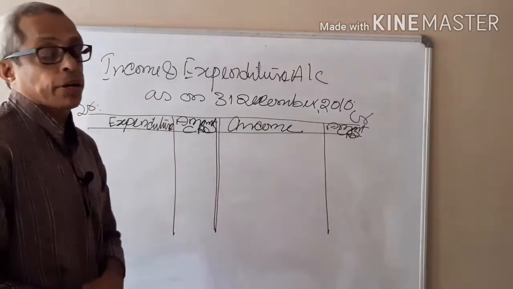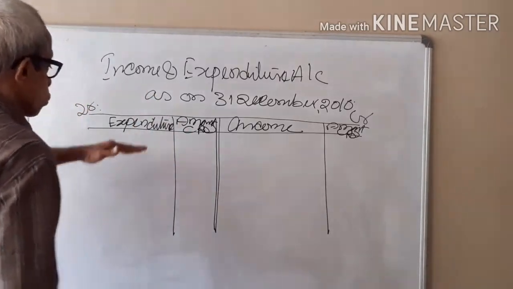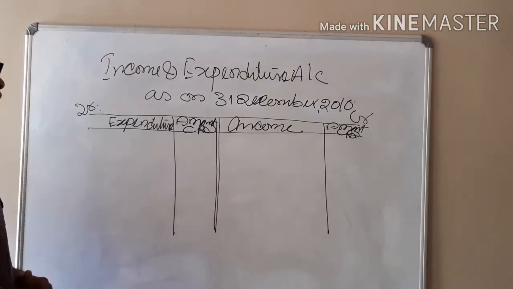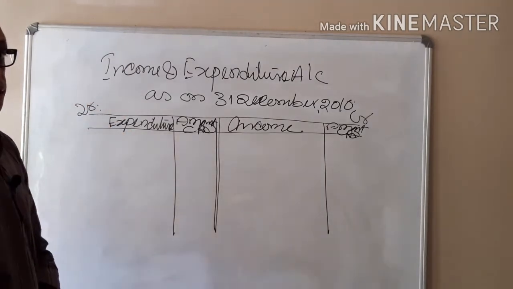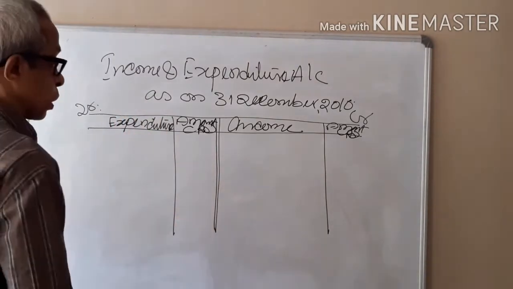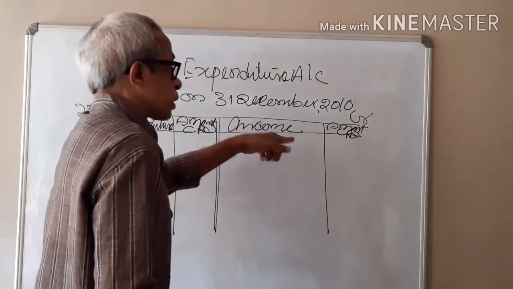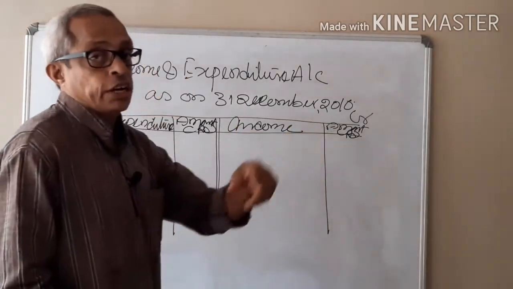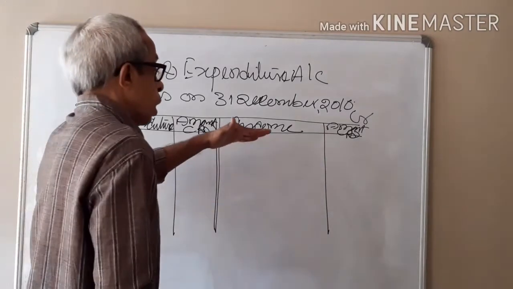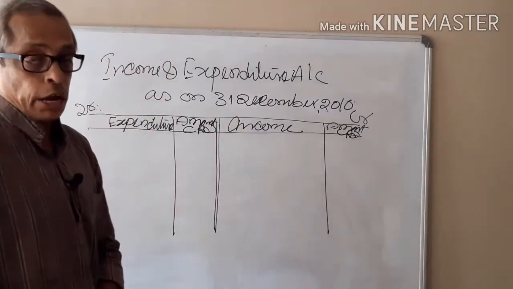Next we are going to prepare income and expenditure account. All expenditures and losses of that particular financial year may be shown on the debit side of income and expenditure account, that is expenditure side, and all incomes and gains may be shown on the credit side or right hand side of income and expenditure account. Then we balance the income and expenditure account.